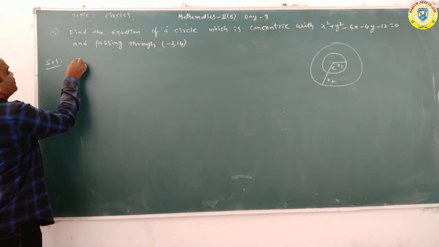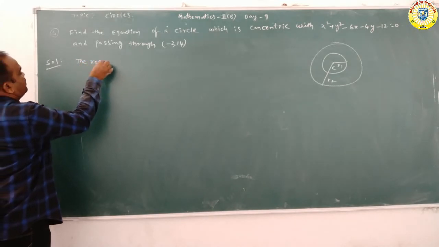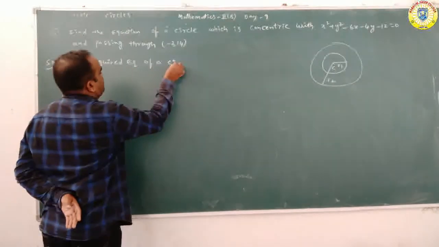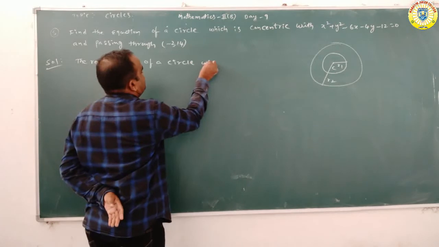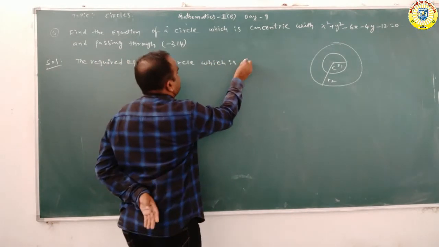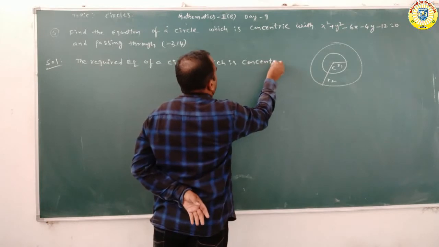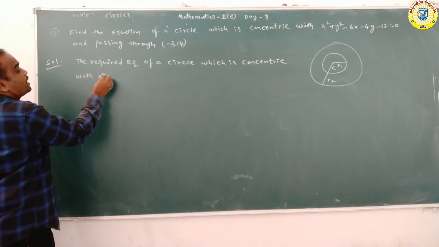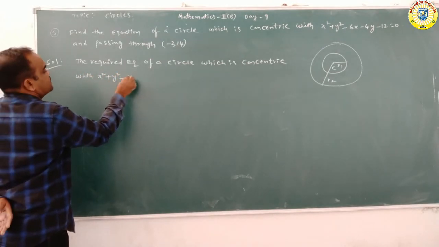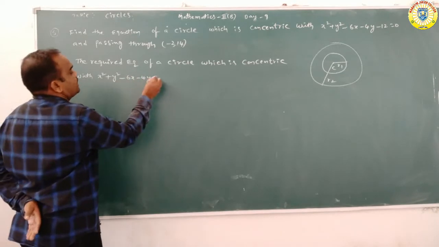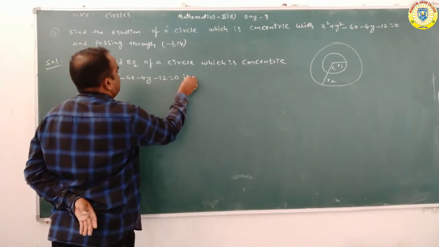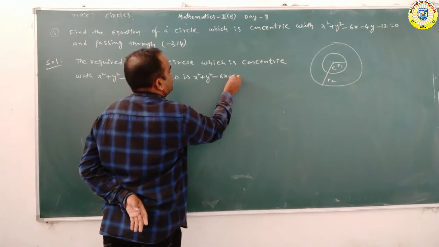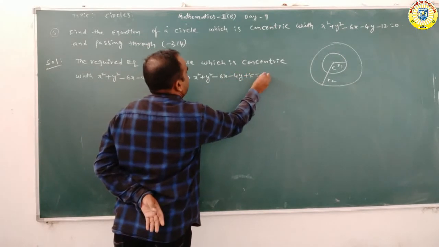Okay now. The required equation of a circle which is concentric with x square plus y square minus 6x minus 4y minus 12 is equal to 0 is x square plus y square minus 6x minus 4y plus k is equal to 0.